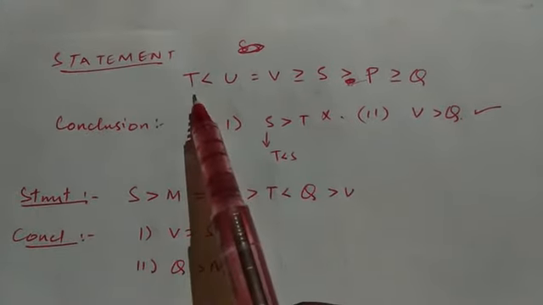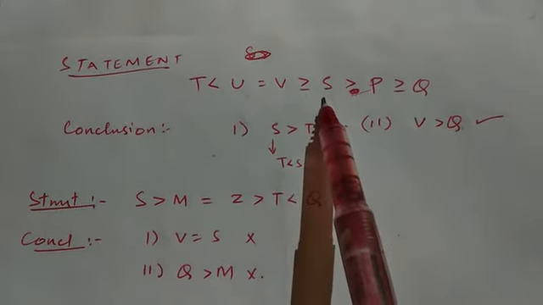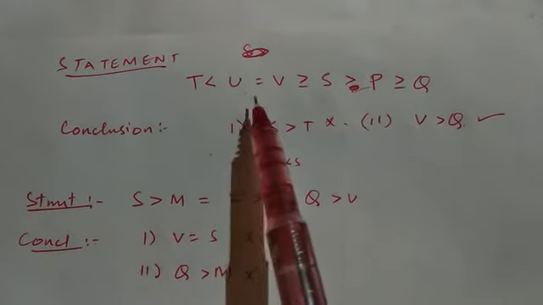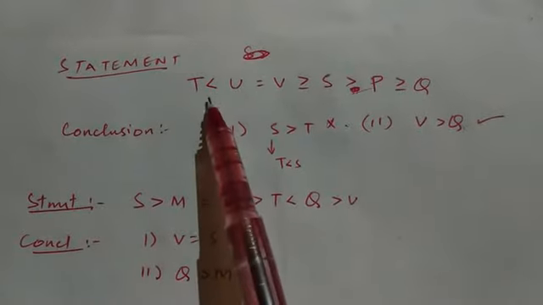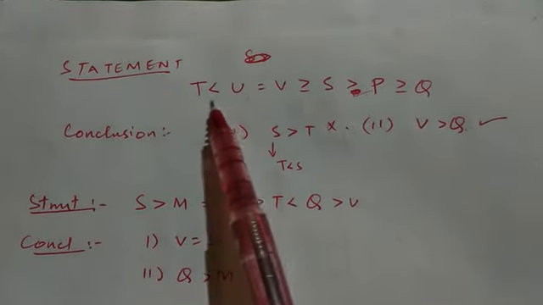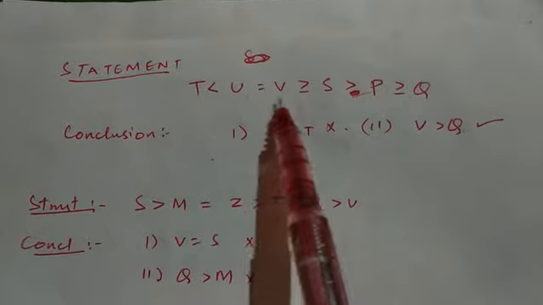T is here and S is here. So I have one sign, two signs and three signs. But I have the first sign from the second family and the next two signs from the first family.